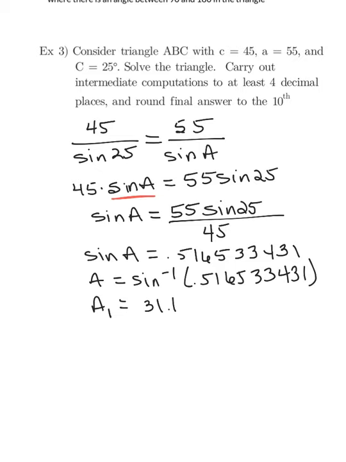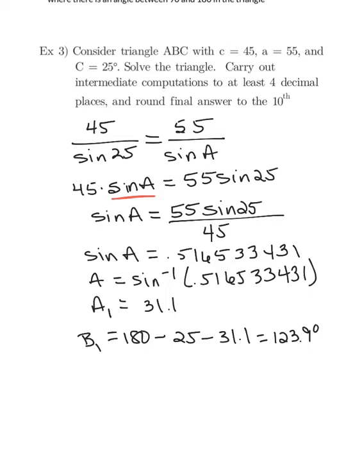So now we know angle A and angle C. What we don't know is angle B. And since this is for our first triangle, I'm going to call it B sub 1. Take 180 minus the 25 we were given, minus the 31.1 that we just figured out, and angle B would have to be 123.9 degrees.